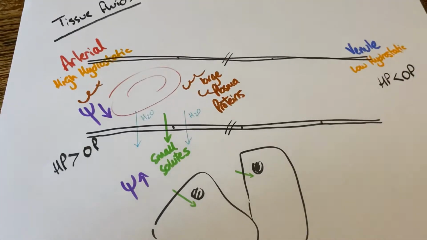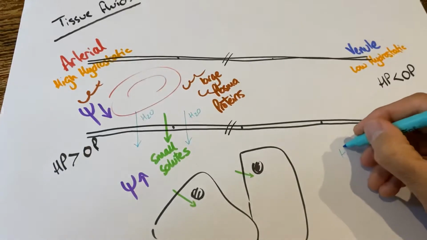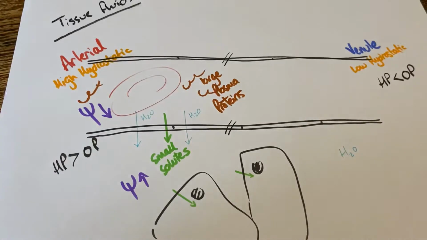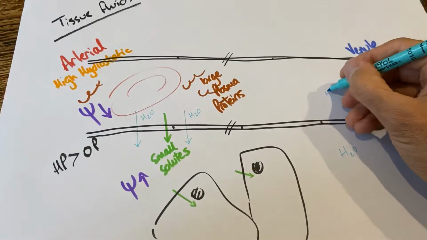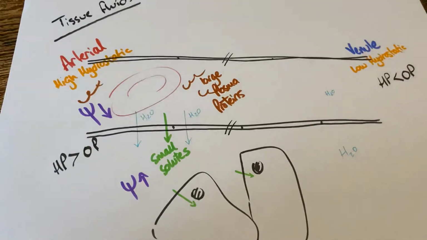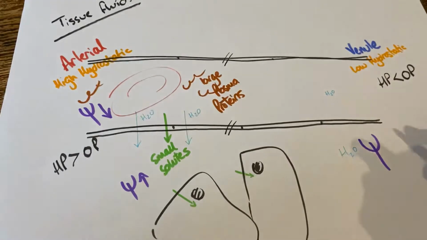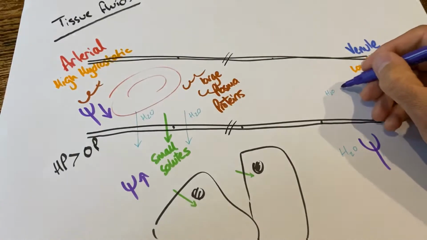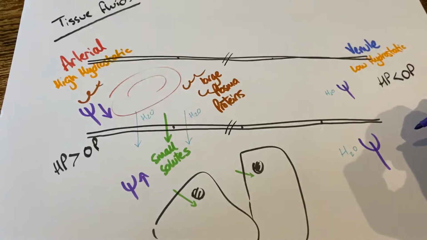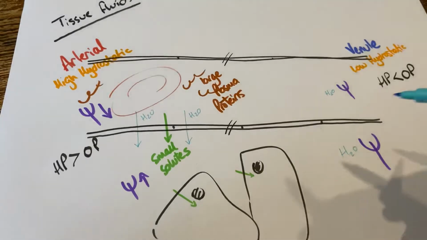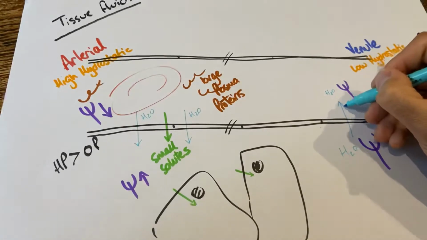So at the venule end of our capillary, we have water here outside, and of course there's some water inside the plasma here, but we have a higher water potential here, a less negative one, and a more negative one inside the capillary itself. So water will just move back into the capillary by osmosis.